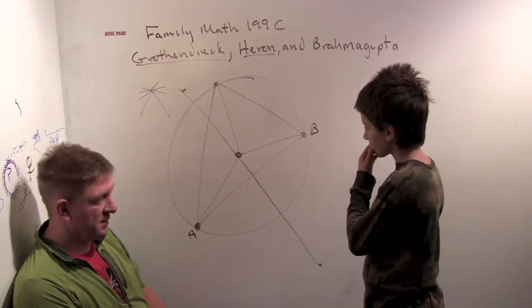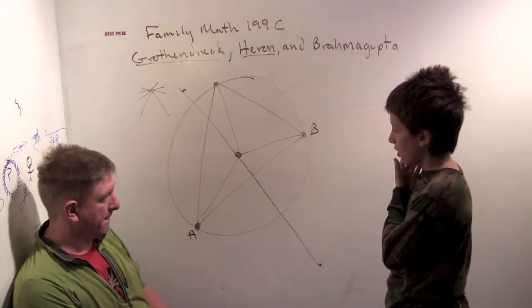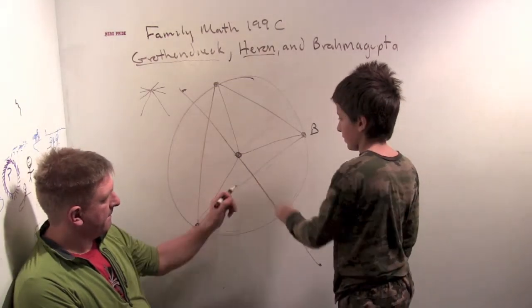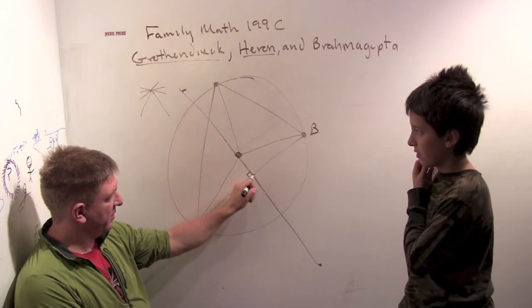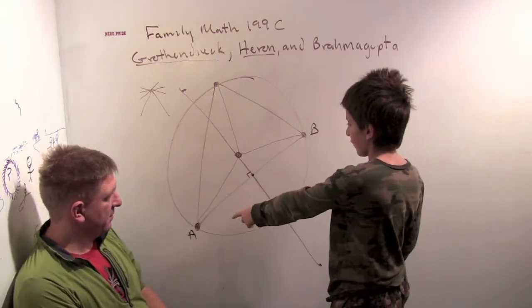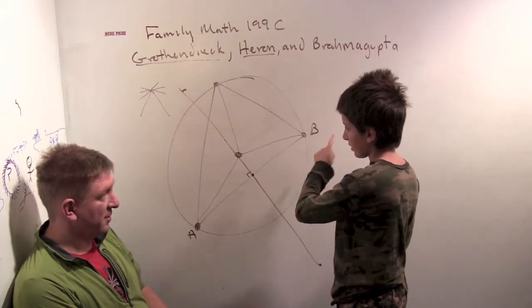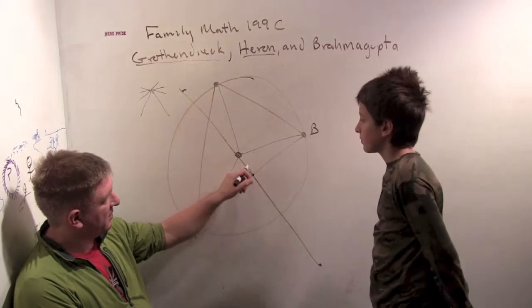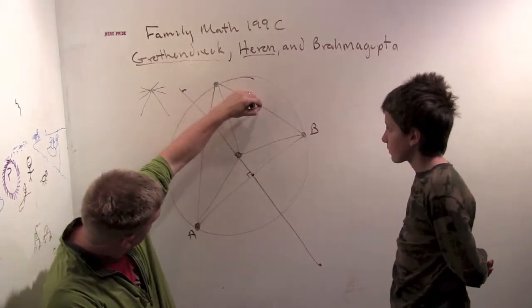Notice anything else? Well, it looks like it might come in perpendicular here. What about that point? That point would be the middle of the line. Interesting. So it's a bisector. It's a perpendicular bisector.